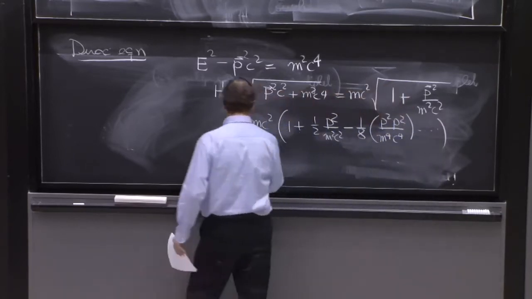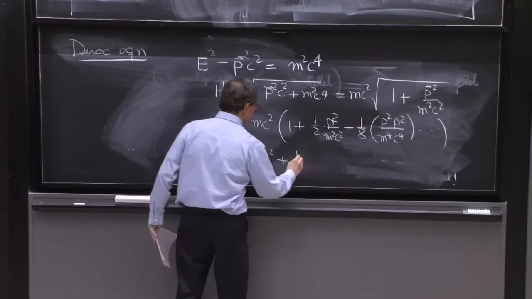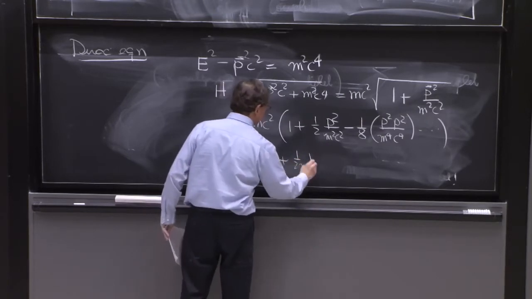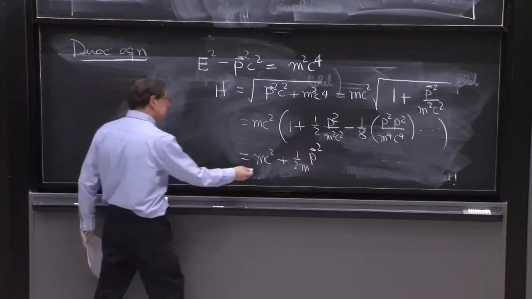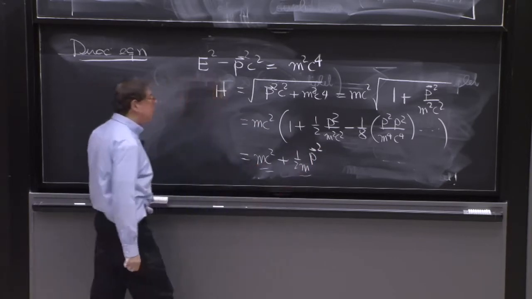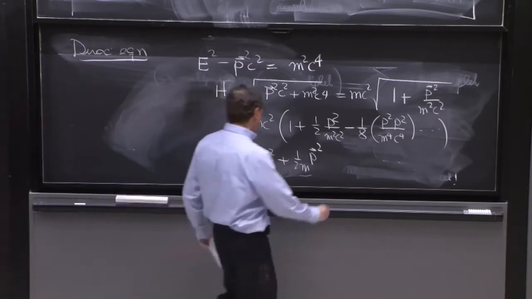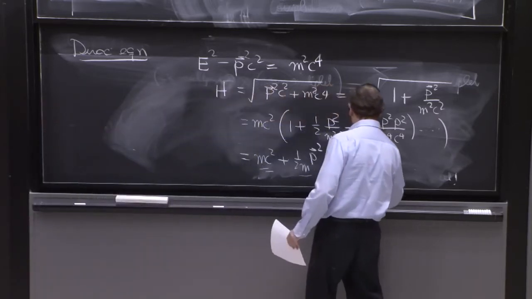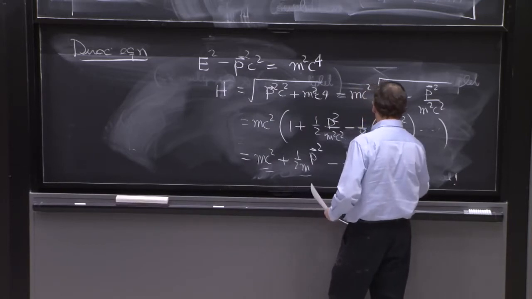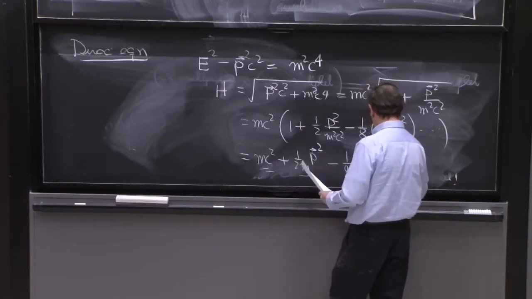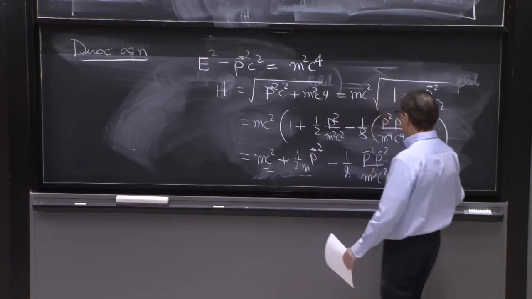And then what do you get? mc squared plus p squared over 2m. That's very nice. Apart from the rest energy, you get the p squared over 2m that you would expect. And the next correction is minus 1/8 p to the fourth over m cubed c squared plus dot, dot, dot.